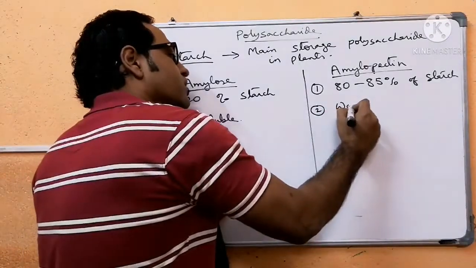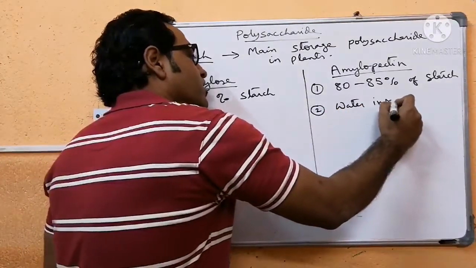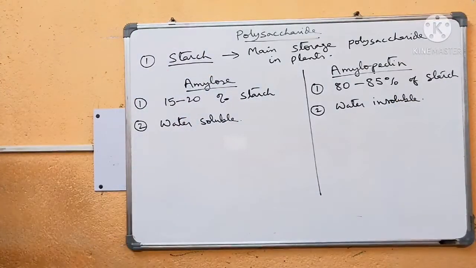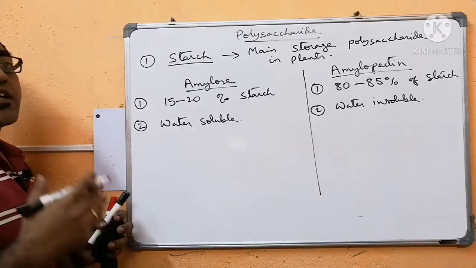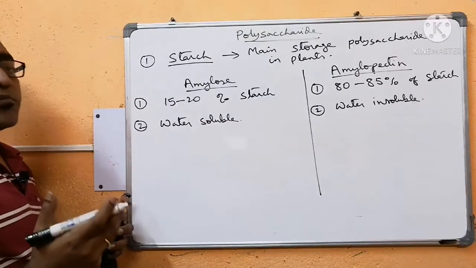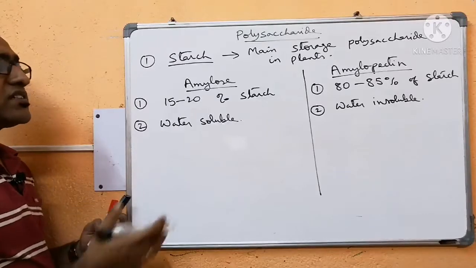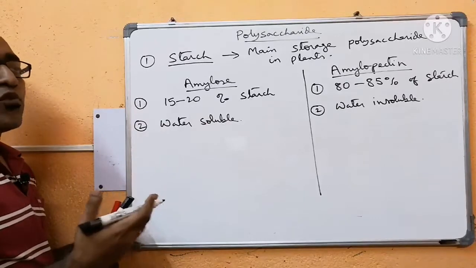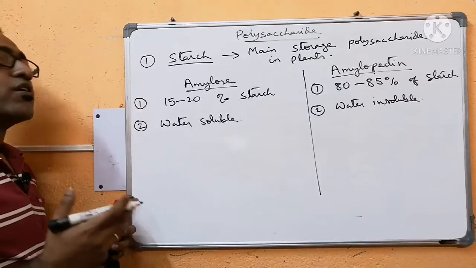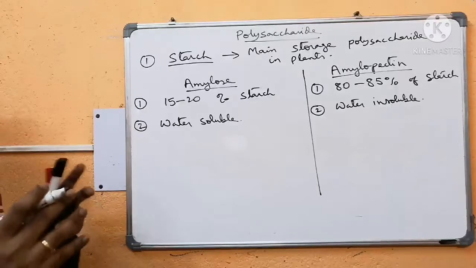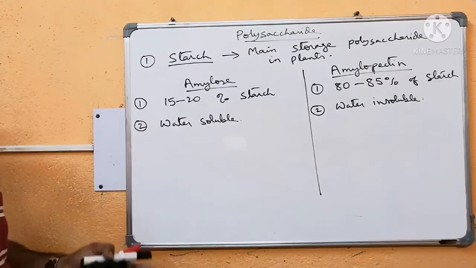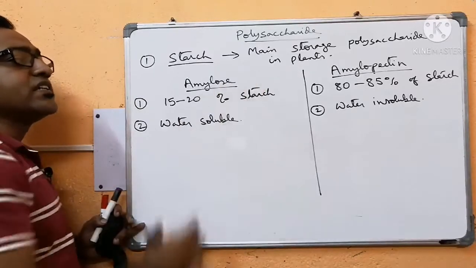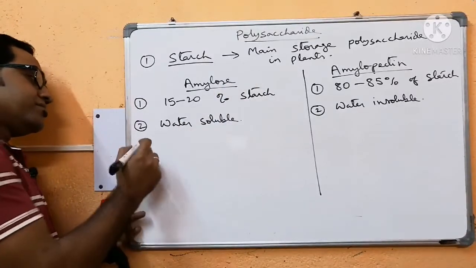Here it is water insoluble. Whenever we buy instant starch from the market, it usually contains the amylose part, because the moment you dissolve it in water, it becomes soluble. But originally the starch is not completely water soluble. Only 15 to 20% is soluble. The rest is insoluble starch, and the insoluble material is amylopectin.